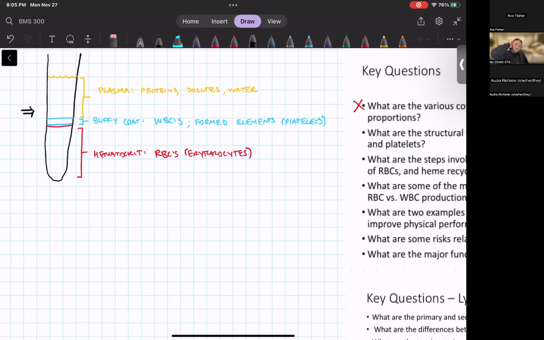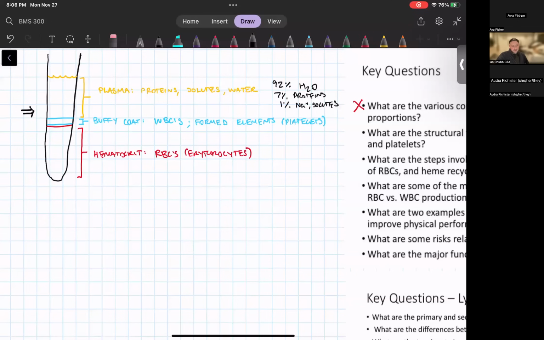A lot of it is really water. 92% of the plasma is just water. Then you only have about 7% proteins, and 1% is other solutes, so your sodium and other ions like that.